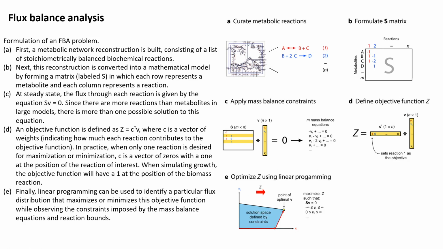So linear programming can be used to identify a particular flux distribution that maximizes or minimizes this objective function depending on your constraints and depending upon your model, while observing the constraints imposed by the mass balance equations and the reaction bounds. So this is the whole overview of flux balance analysis.